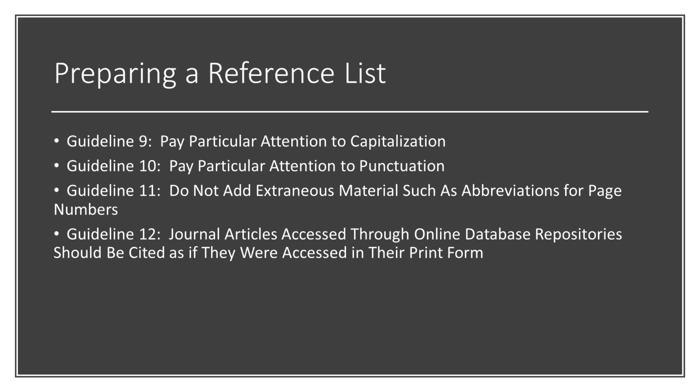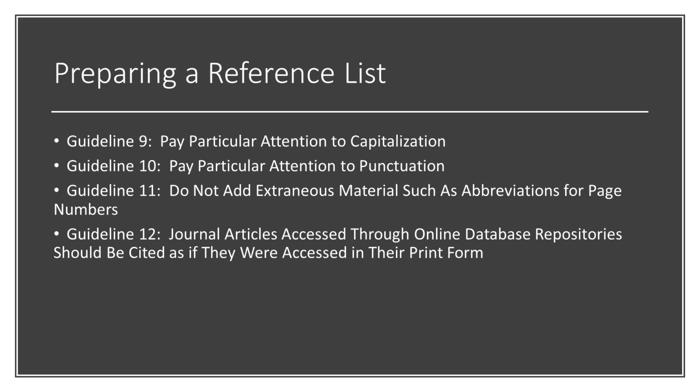For example, in APA style, only the first letter of the first word in the main title and subtitle, if any, of the article title is capitalized. This is true even though all important words in the titles of the journals themselves are capitalized. Again, keep that in mind.